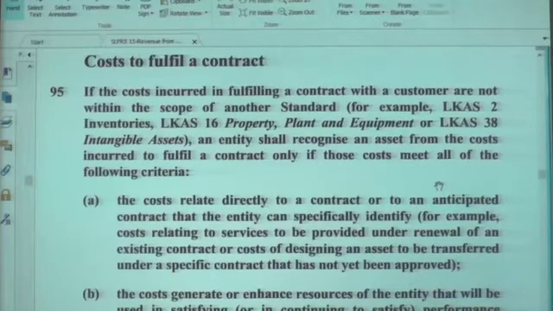Assume you have won a contract to construct a road, a highway, assume Colombo to Kandy. Now, to construct this road, you need machineries, equipment, fixed assets. This is the first time you are going to construct a road.